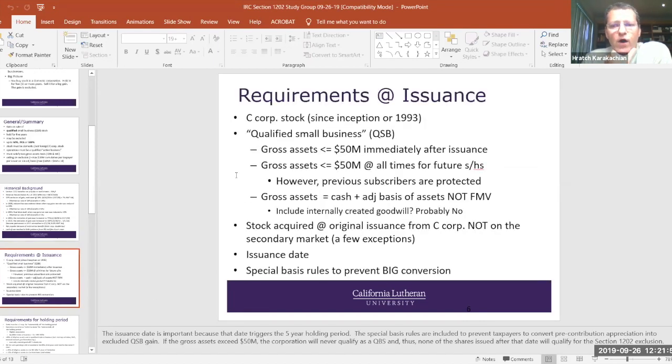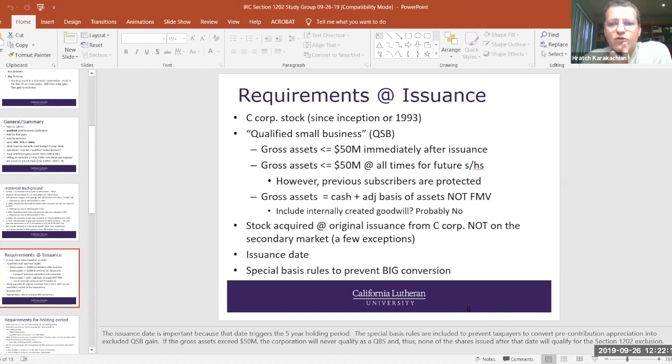So here are the requirements at the time of issuance of the shares or at the time of purchase. The corporation has to be a C Corp since inception or since August of 1993. So if it was an S Corp at some point and then converted into a C Corp, that wouldn't work.